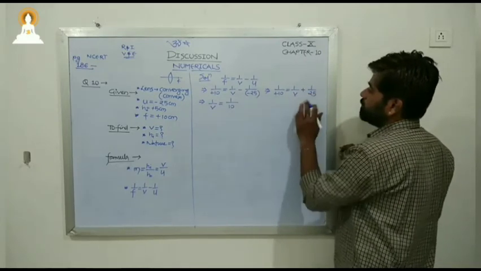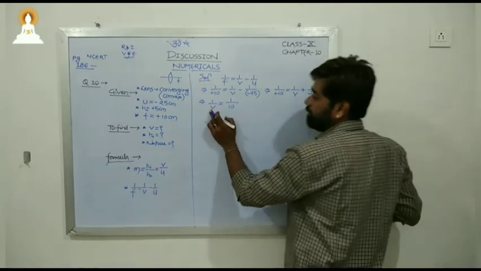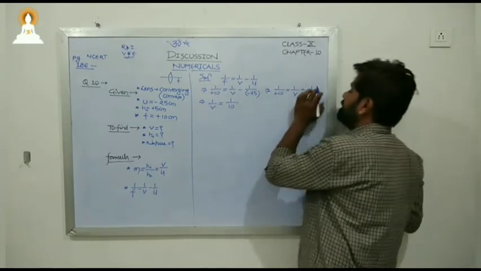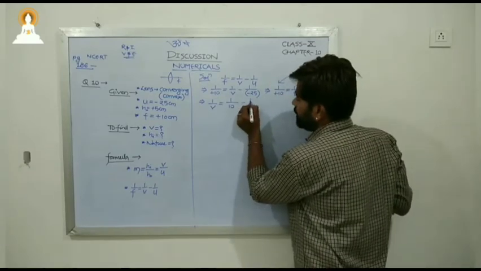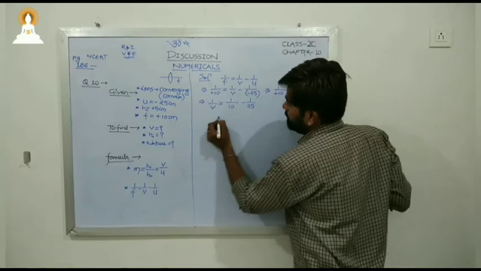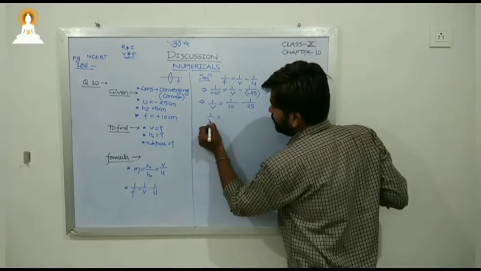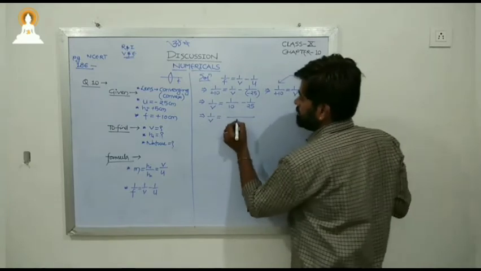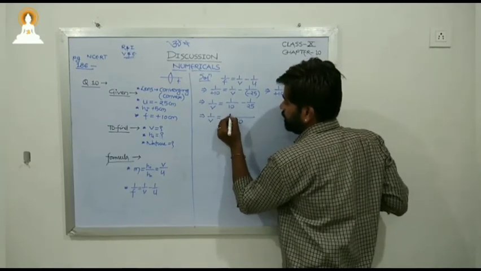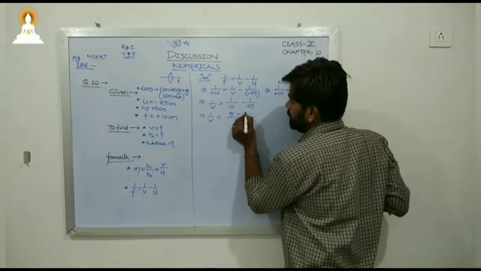Then to find 1 upon v, this will move to that side with a negative sign, minus 1 upon 25. So this is nothing but 1 upon v. Now 10 and 25, LCM 50, so this will be 5 minus 2.